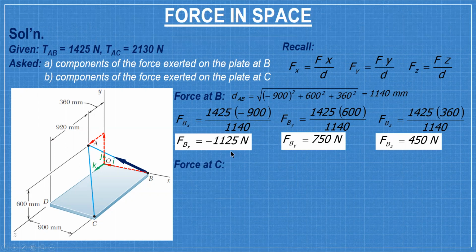And then the force at C. The movement is from C to A. You go this way, then up, and then move to A. It doesn't matter which path you take. So, from C to D and then up and then move to A, we see that X is negative 900, Y is positive 600, and Z is negative 920, going this way.